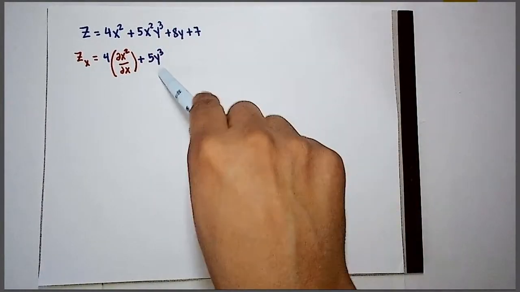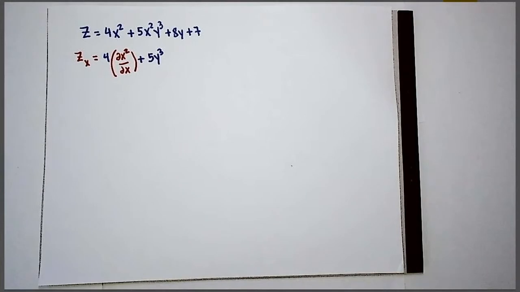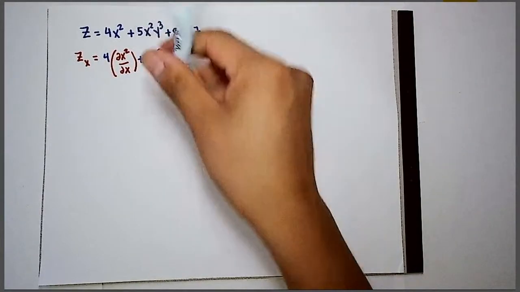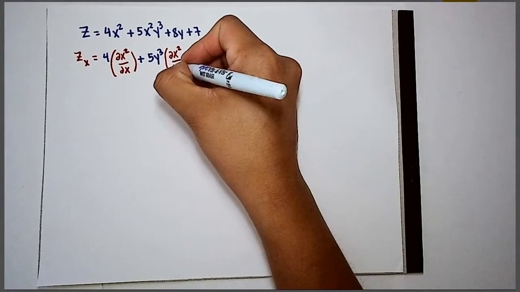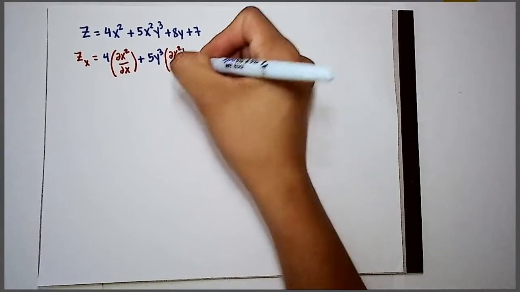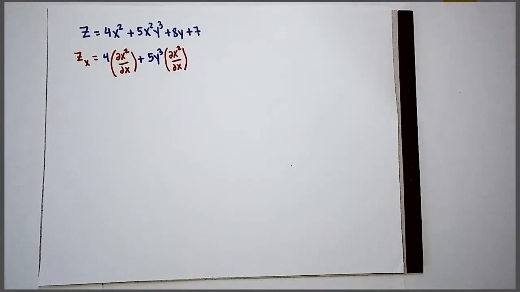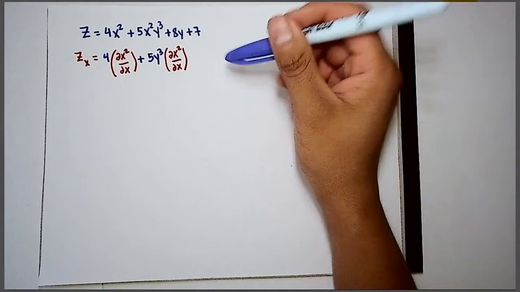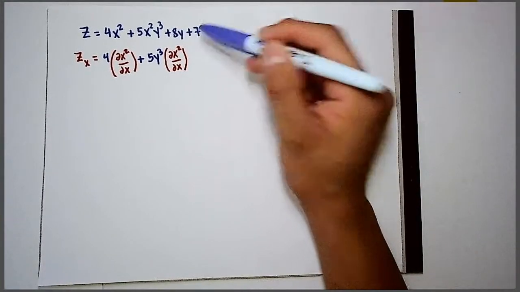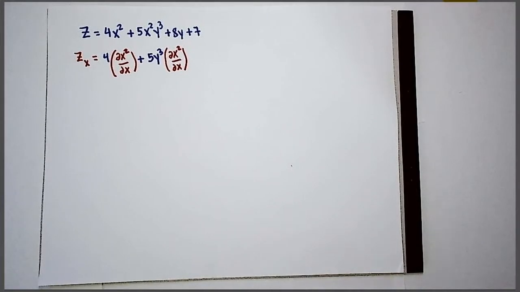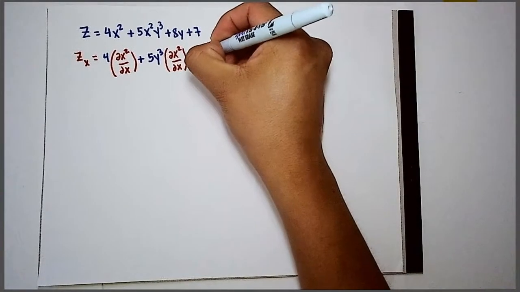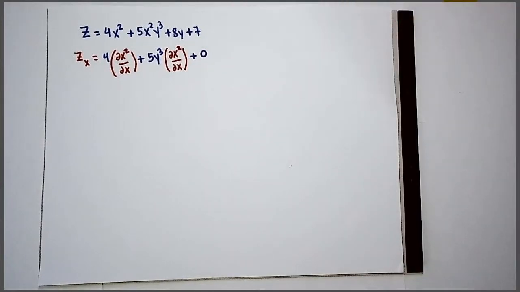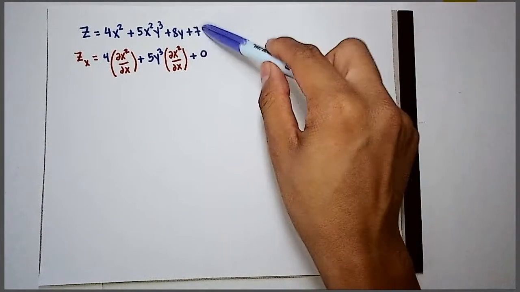So we treat it as a number. And then we take the derivative, again, only of the variable part. Because these last two terms do not contain x, this is 0. It's like taking the derivative of two numbers.